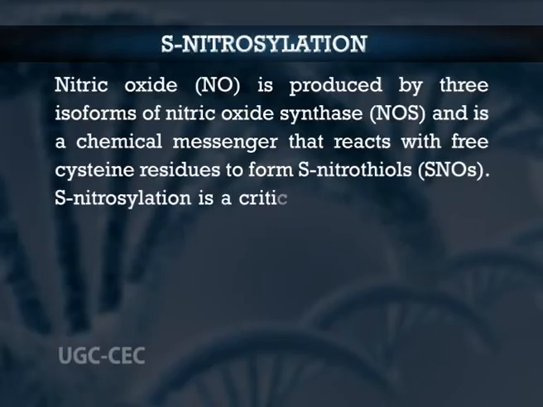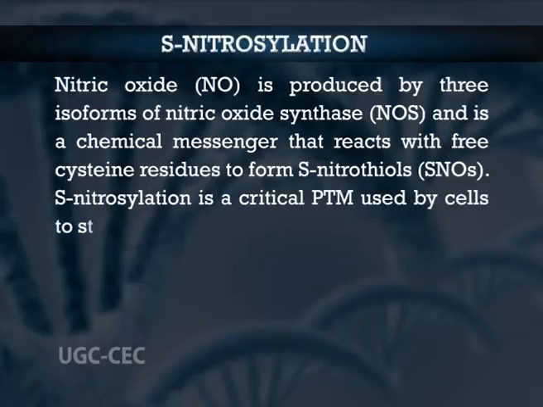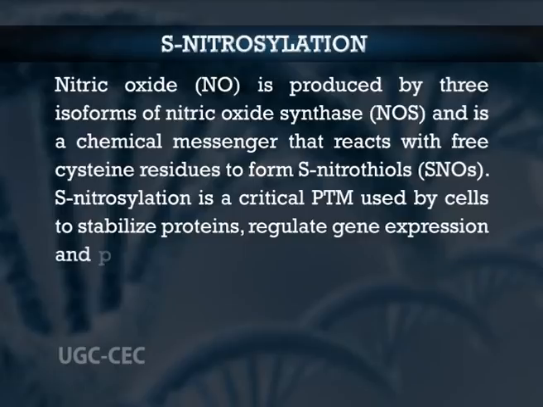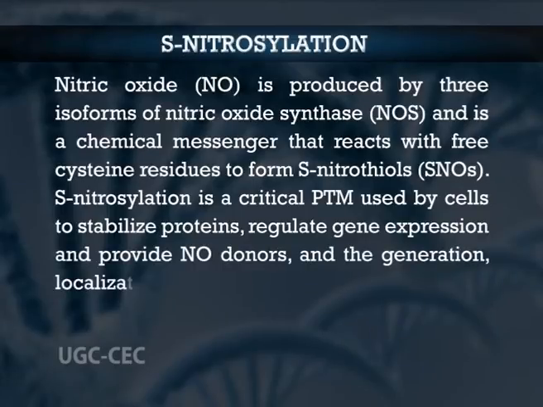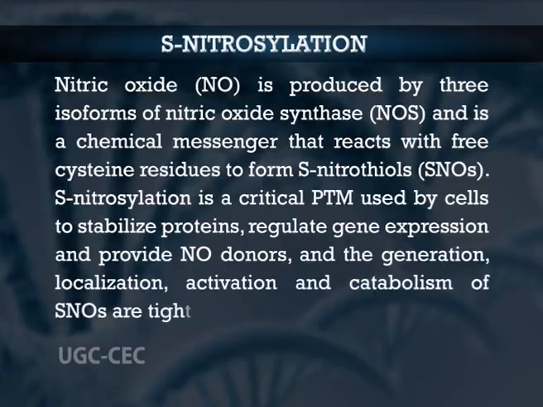S-nitrosylation is a critical post-translational modification used by cells to stabilize proteins, regulate gene expression, and provide NO donors. And the generation, localization, activation, and catabolism of SNOs are tightly regulated.